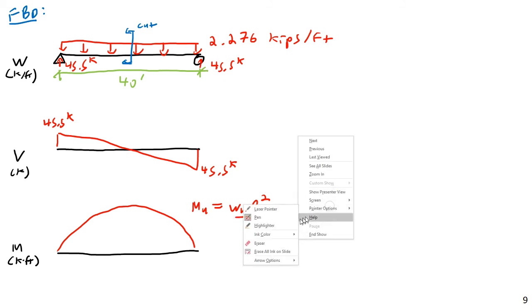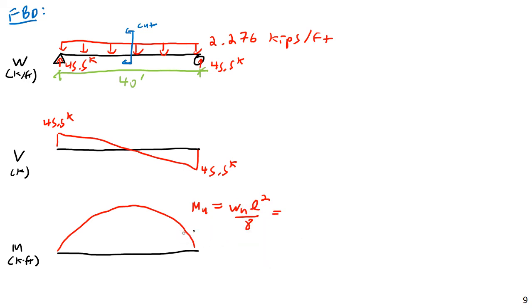That will equal 2.276 kips per foot times the length of 40 feet, quantity squared, divided by 8, and that will come to 455 kip feet.